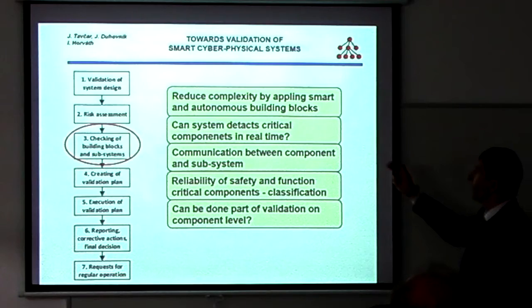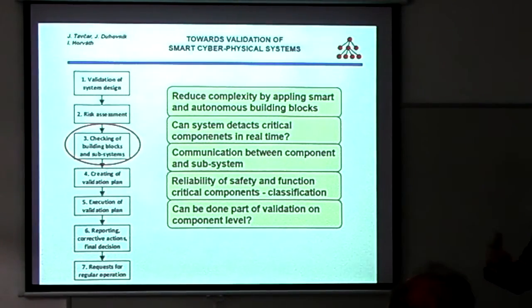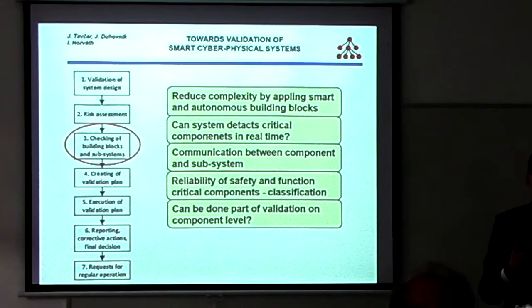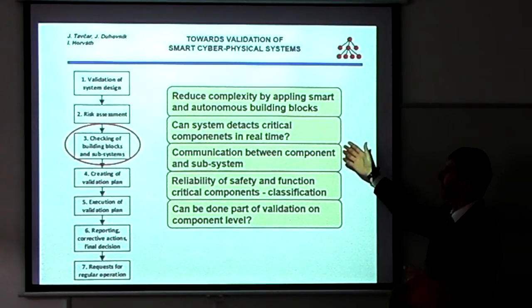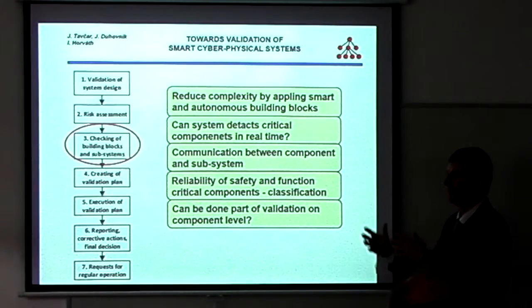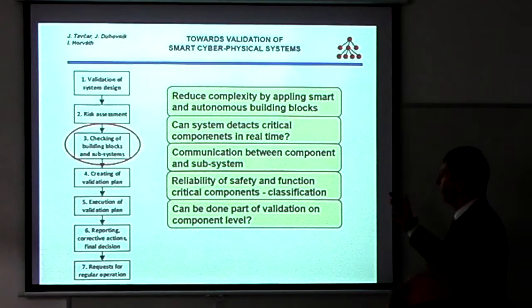They need to tell the system that something is wrong if something goes wrong. So with this approach, we need to be careful when we are building a system from blocks that we reduce complexity. As in the example with a child, we just say, go and bring an ice cream. We don't need to worry about all the details. A similar approach needs to be taken also for complex systems. The smart subsystem needs to check itself.